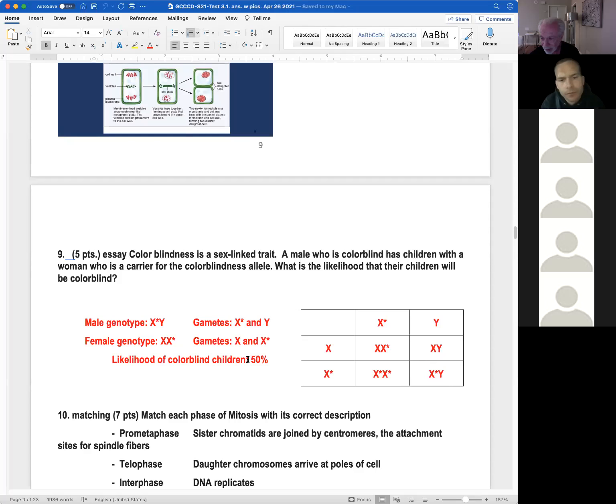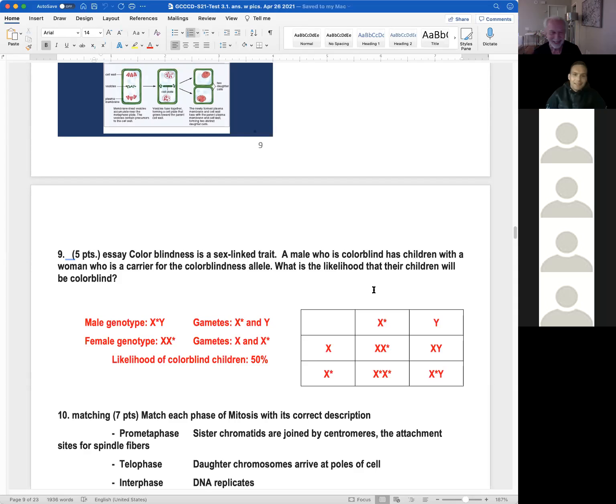Professor, would color blindness be the phenotype? Yeah. Because I thought phenotype was more just like a physical characteristic. Yeah, it is a physical characteristic. You're saying, how can you see colorblind? You look at somebody, how do you know they're colorblind? You don't.